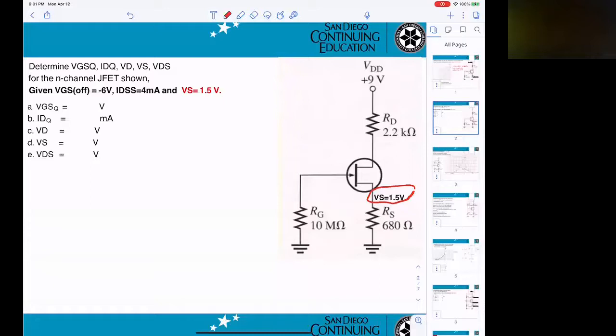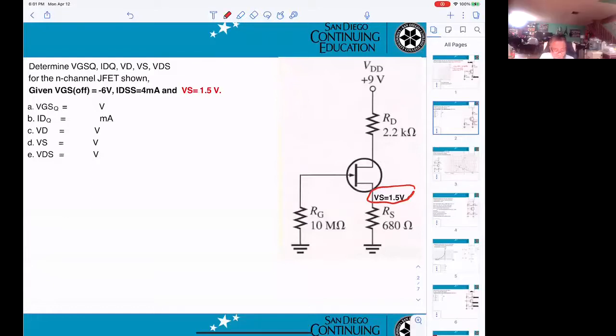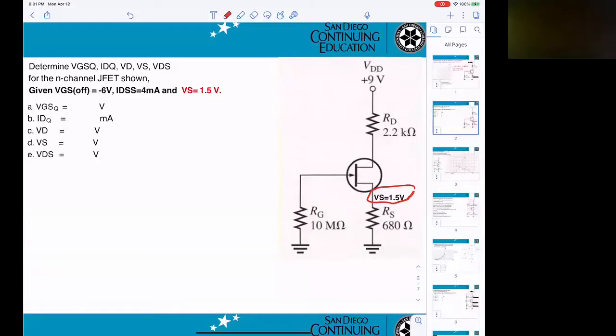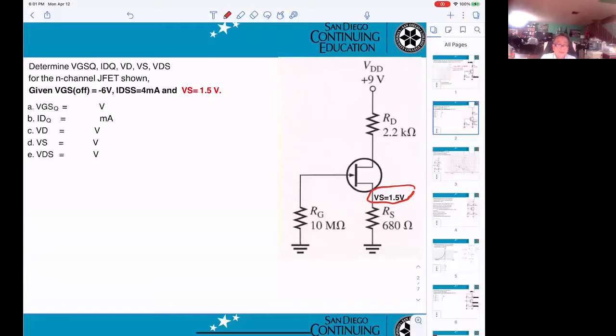Hey, Mr. Pham, just a real quick question. On this self-bias circuit, you said that because the RG is so high, that's the reason VG is 0, correct? No, the thing is they connect to ground. But also it's a high resistance, so you would have low current flow there anyway. Nothing to do with that RG in this case. They just prevent a short when they build an amplifier.